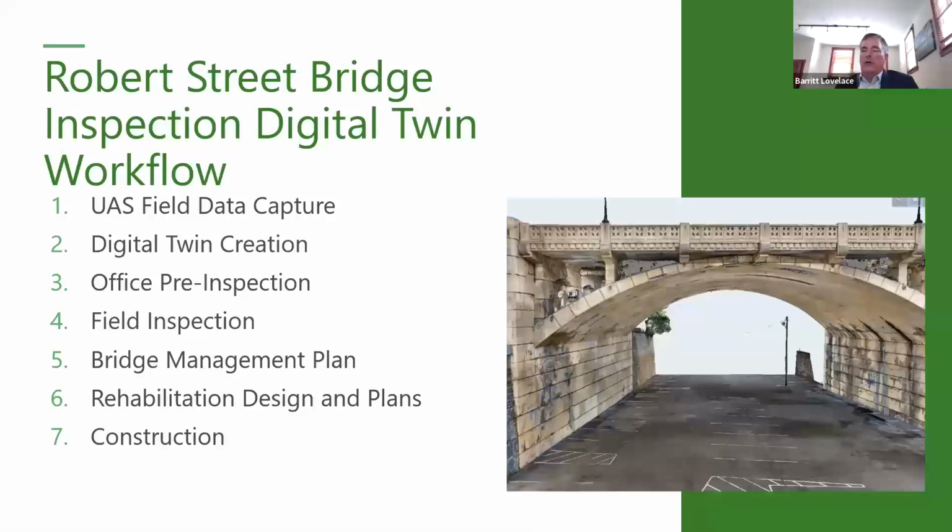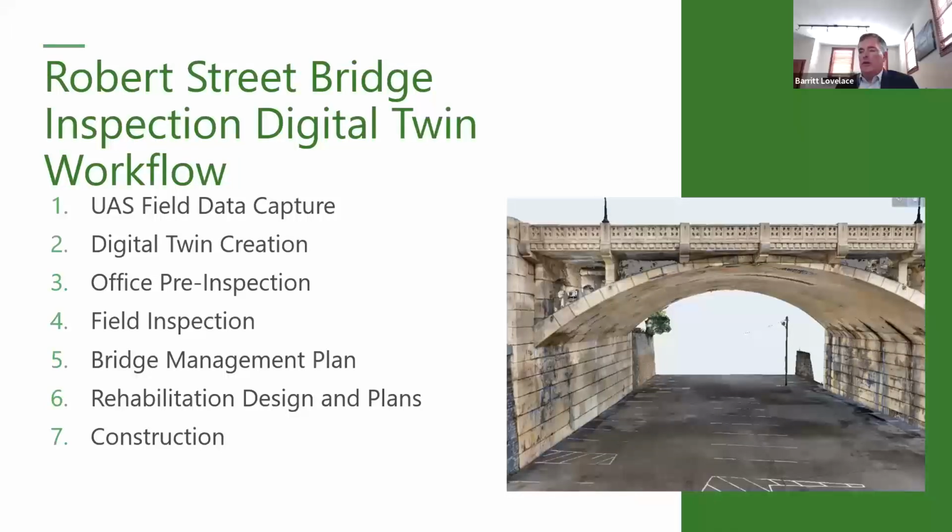So our workflow, which is a little bit different than traditional, is the first thing we do is we go out, we collect all of the data in the field with the drone, and then we create these digital twins. In this case, we had, I think, about 8 or 9 of these arch spans, and we collected the data and post-processed them individually by span, and then kind of bring them all together in a viewer.